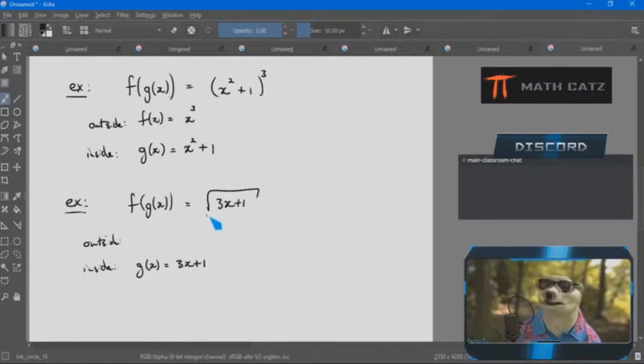The square root acts like a bracket, and that helps me spot 3x plus 1. Once I have settled on my 3x plus 1 function, I'm kind of stuck. The outside function has to be the one that fits with it so that it gives me my end result, and it's the square root of x.